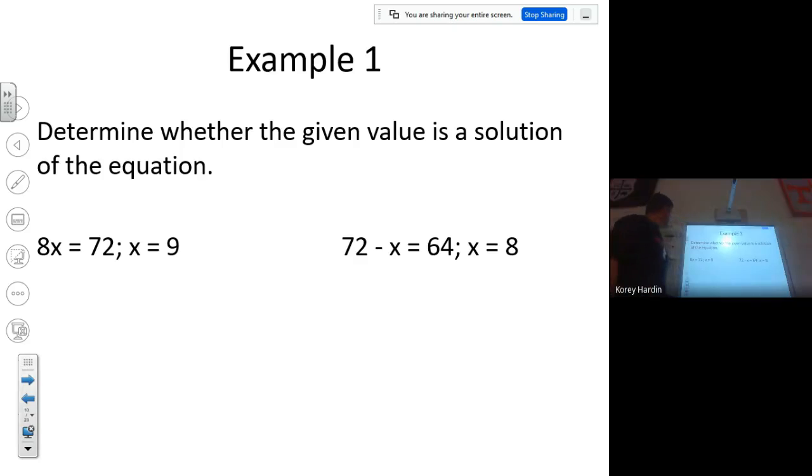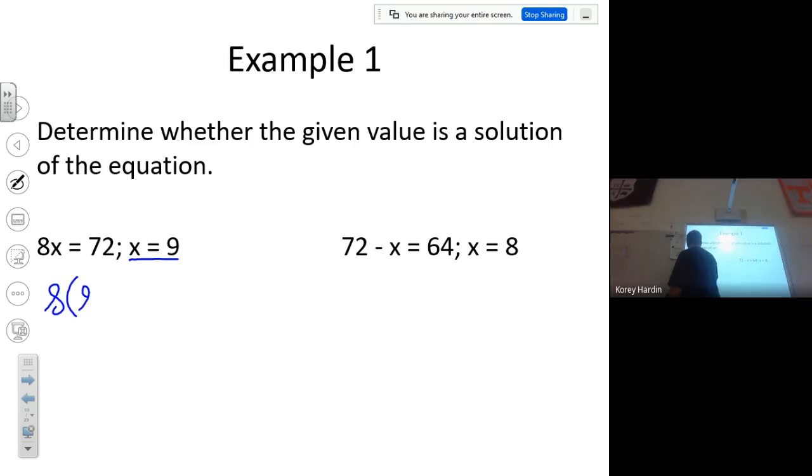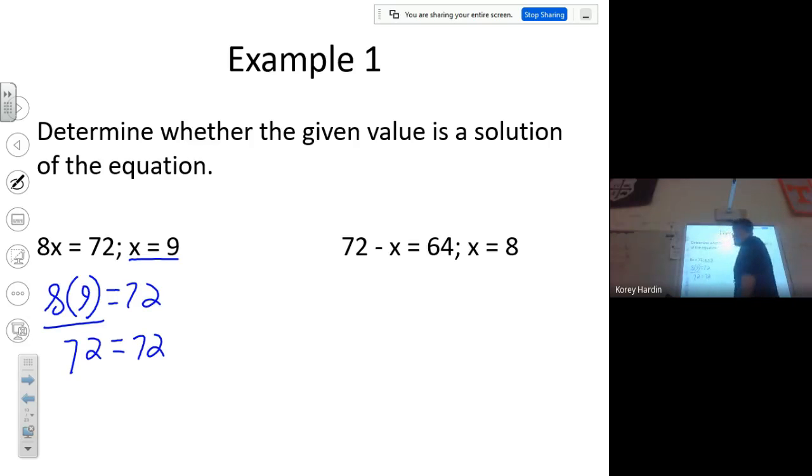All right, here we go. Let's look at a multiplication one. So I've got 8x equals 72. I'm going to plug in 9 for x. I'm going to use parentheses because it just keeps myself organized. 8 times 9 is going to equal 72. So 72 equals 72.